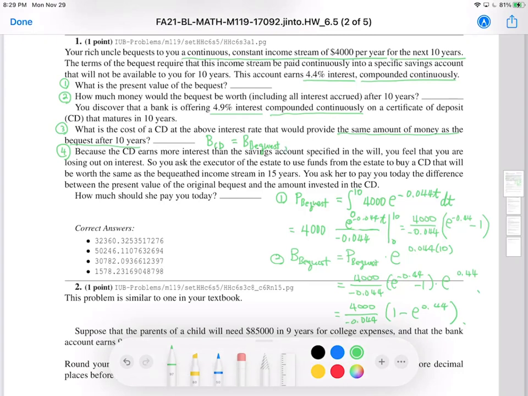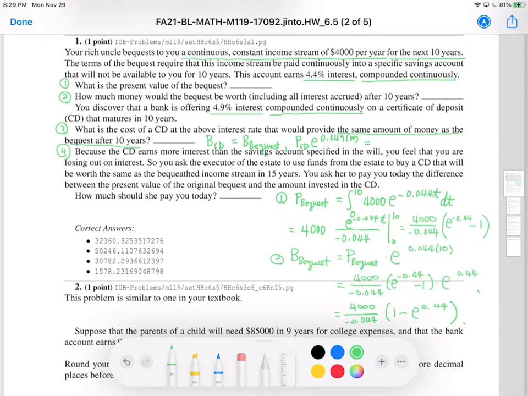So B_CD is equal to the present value of the CD, which we want to find, times e to the 10 times the rate. Sorry, the rate is 0.049, 10 years. This is the future value of the CD. B_CD is equal to B, the future value of the bequest we computed.